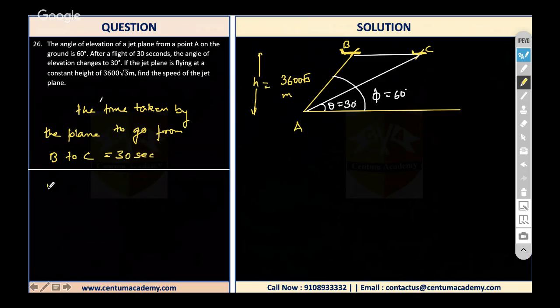Okay, so BC, find the speed. You have to find the speed. So you have to write, let the speed be V. So BC, which is the distance, is nothing but V into 30. Correct? BC is V into 30.